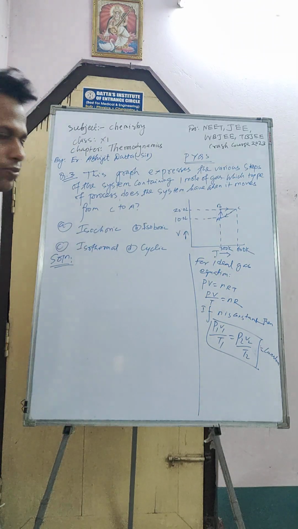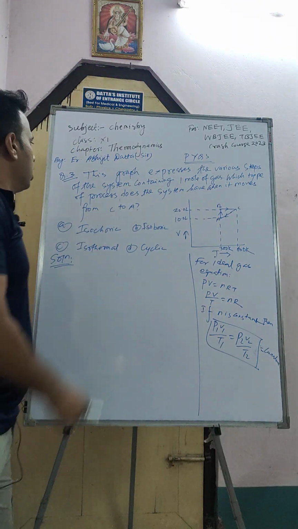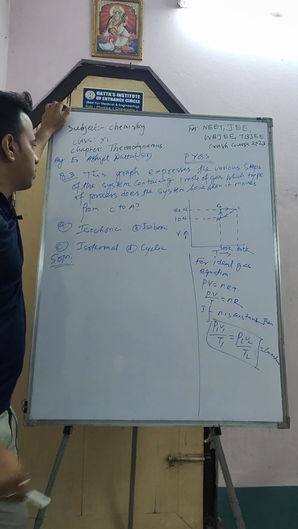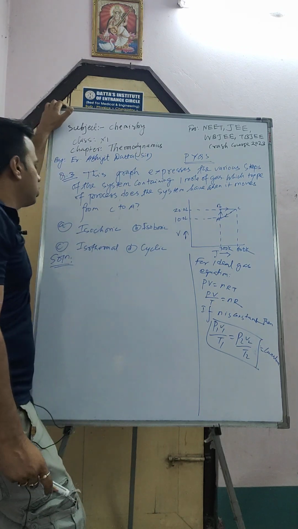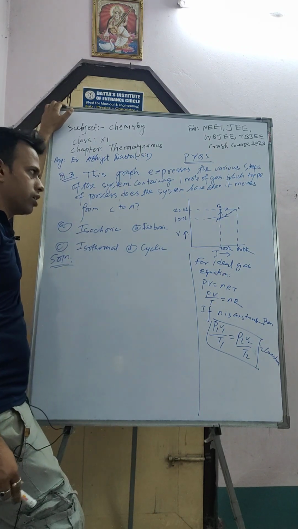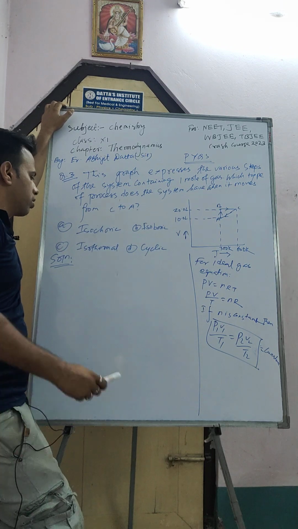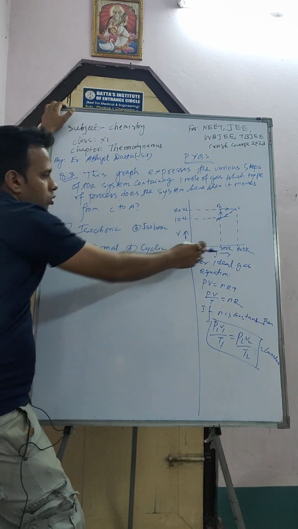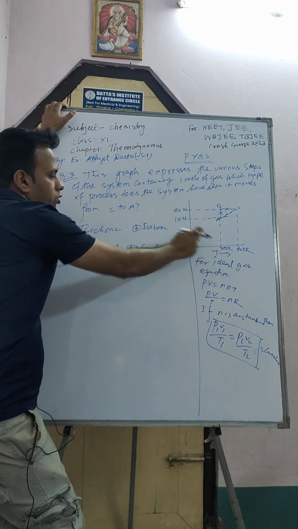Now look at the graph, which expresses the various steps of the system containing 1 mole of gas. Which type of process does the system have when it moves from C to A? Okay, so now look here: this one is temperature, this one is volume.